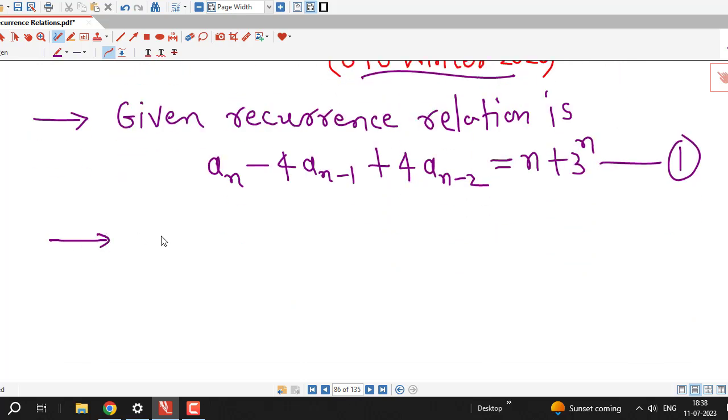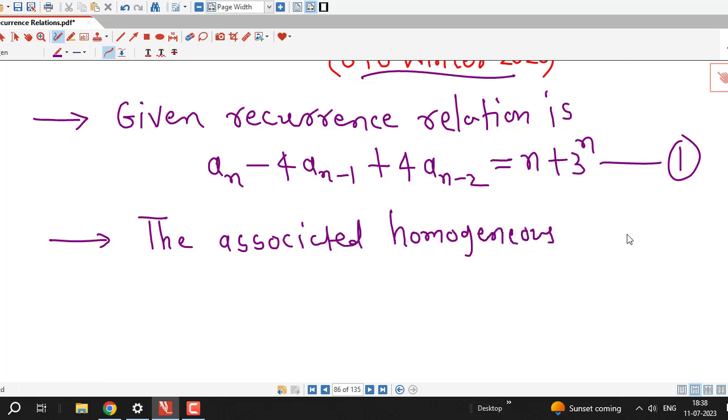Now we write down the homogeneous recurrence relation associated with number 1. The associated homogeneous recurrence relation, or the recurrence relation which is homogeneous and corresponding to the given recurrence relation.